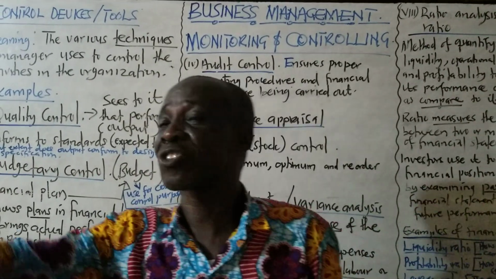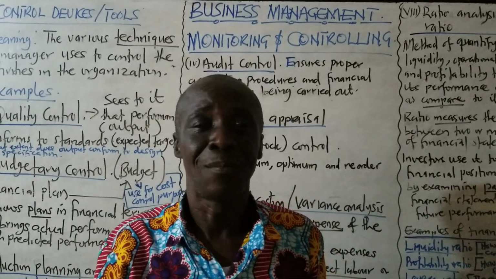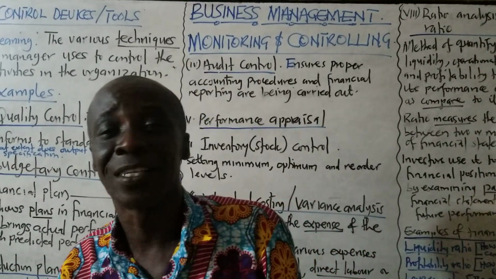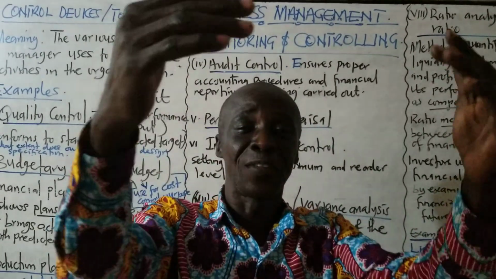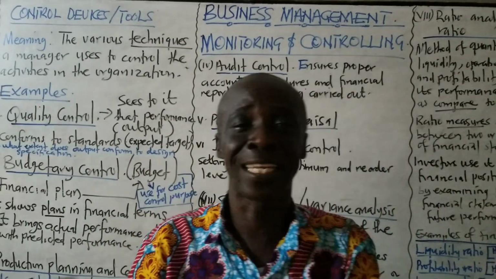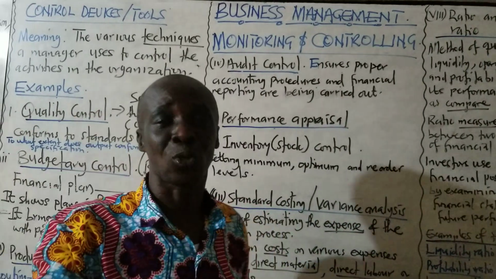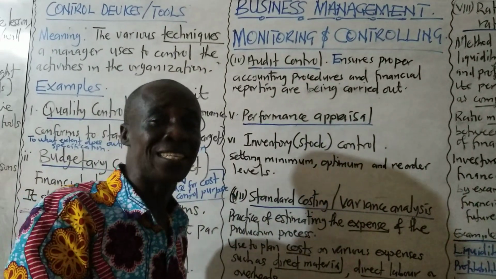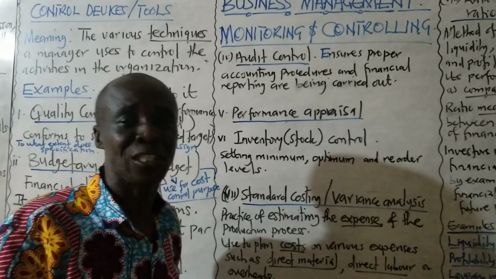Maybe on extracurricular activity, 3 out of 5. Maybe the way I teach, maybe 1 out of 5. So it depends. At the end of the day, it will be added. And out of 100, what did you get? Did you get 80? Did you get 40? Where you fell short, that means they have detected deviation, and then the necessary corrective measures will be taken.